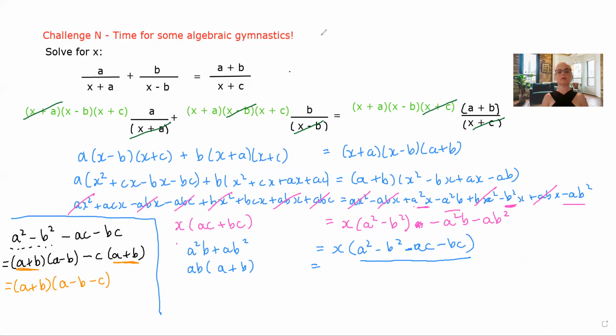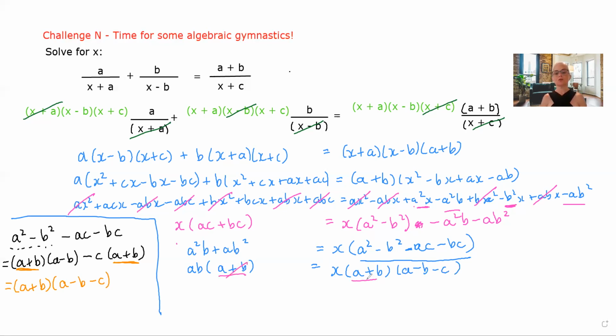So this here on the right-hand side, just coming back over to here, we're going to get x times a plus b times a minus b minus c. All right, you'll notice you've got an a plus b on both sides, assuming that a is not negative b. All right, assuming that that a plus b expression is not 0.